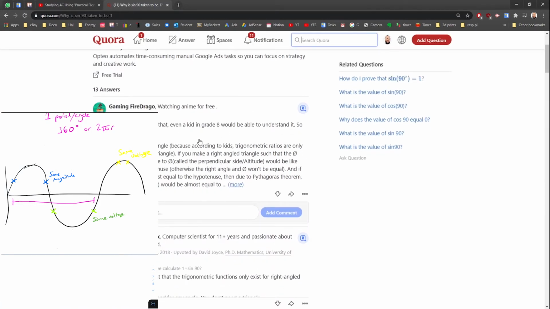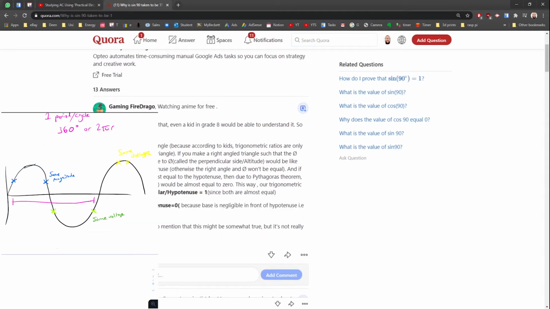Okay. I'm giving this answer such that even a kid in 8th grade would be able to understand it. Thank you, I appreciate the 8th grade explanations. Consider a right angle triangle because trigonometry ratios are only defined for right angle triangles. That's true.